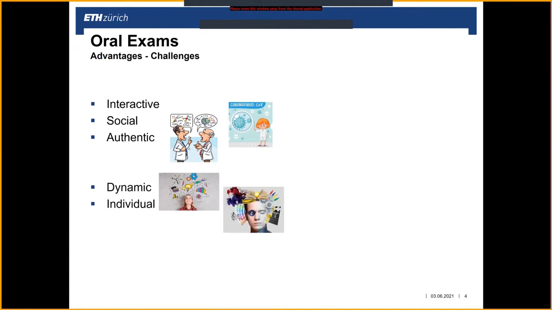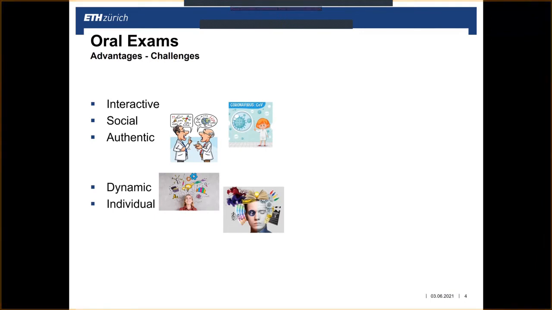They're also dynamic and individual. So in contrast to a written examination, they enable you, the examiner, to follow up on a question, to probe more deeply, and really to adapt to the student, as Andreas just illustrated in his examples before.